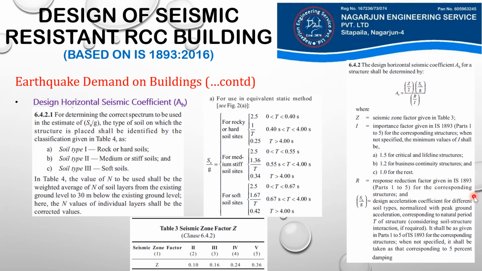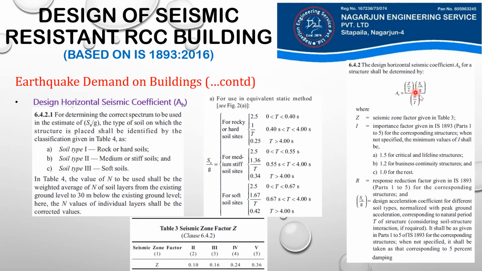So for that we can design for a comparatively lower base shear. So for highly ductile buildings, the value of R is higher. Higher value of R means, since R has an inverse relation to this coefficient, the coefficient value will be smaller, and when the coefficient value is smaller, we get a comparatively smaller magnitude of design base shear.